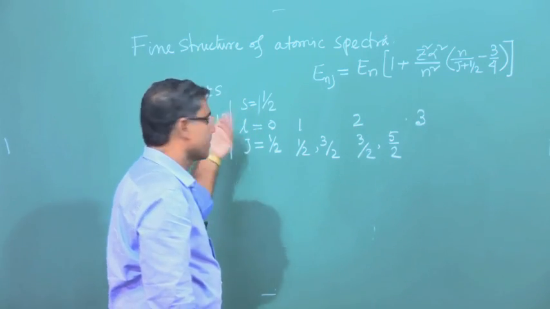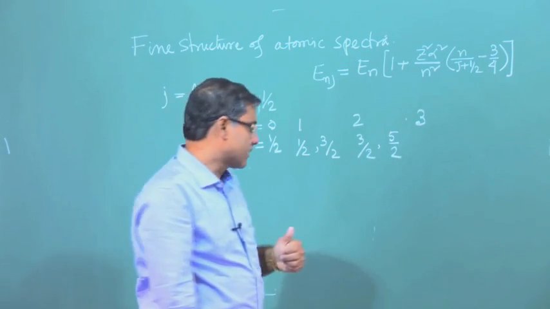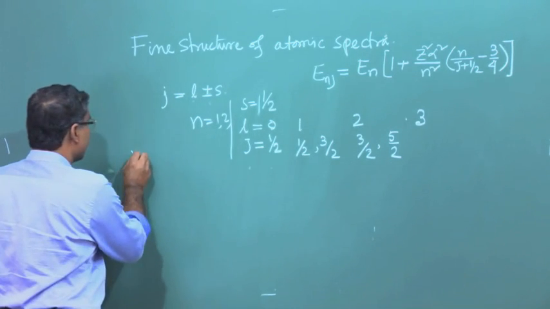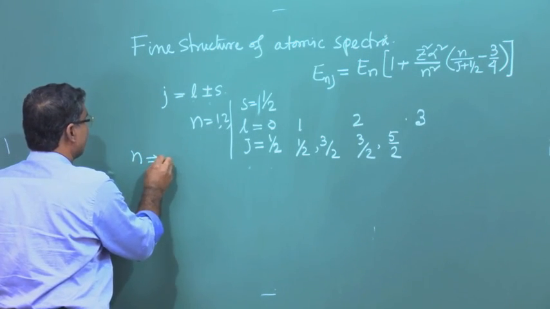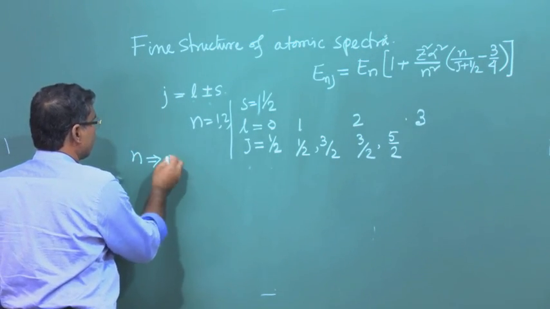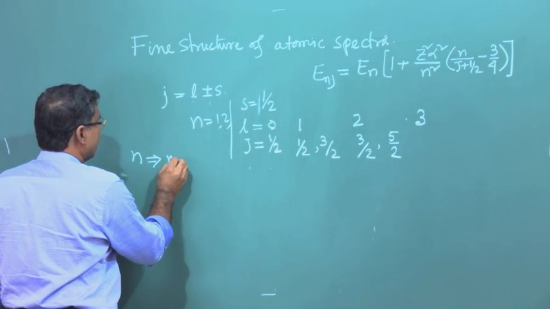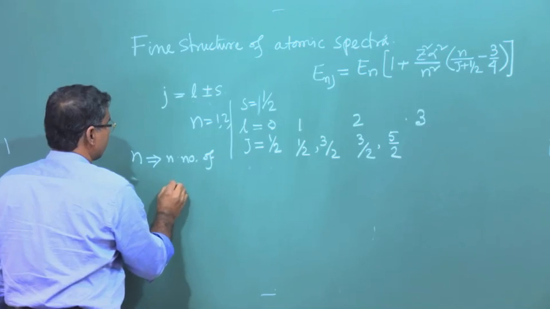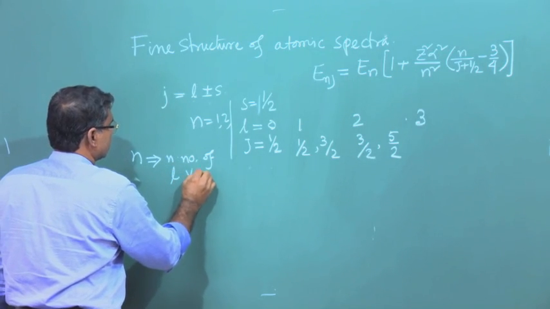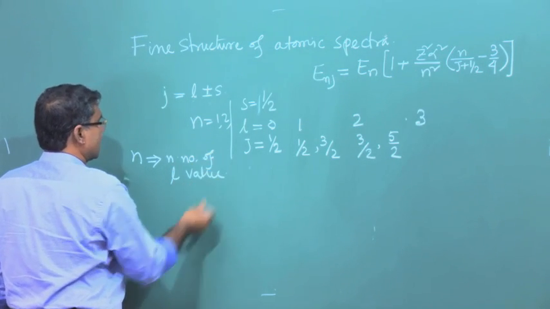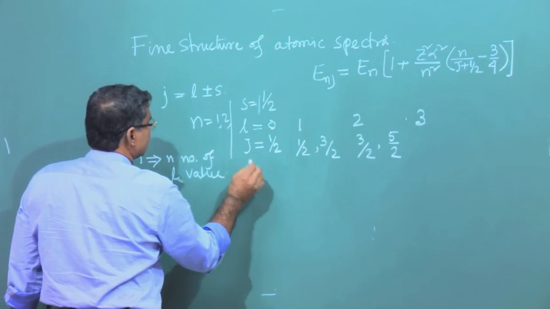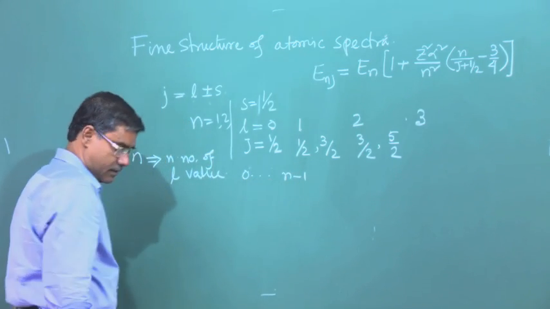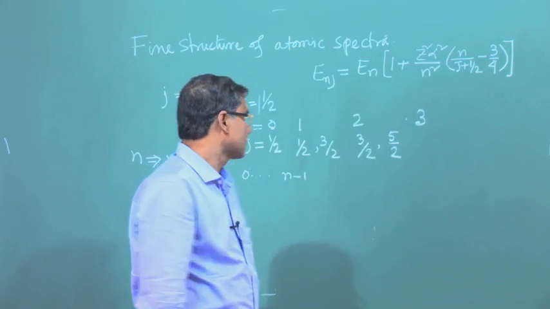It does not matter whatever the n value, but for a particular n value, it will have n number of L values, starting from 0 to n minus 1, right, that we have seen.